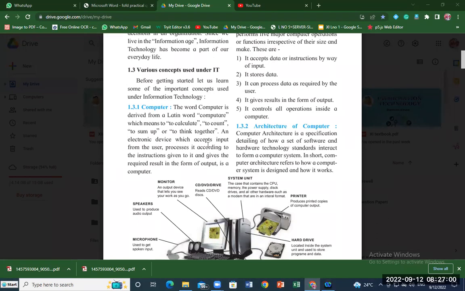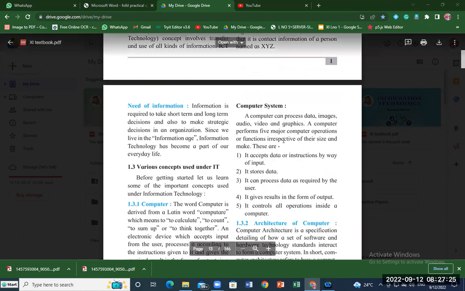So all this, I am giving the instructions, and that device is processing according to the instructions given. And then later on, I get the output from the processing, right? So these three works, taking the input, processing it, and giving the output, are done by a computer.